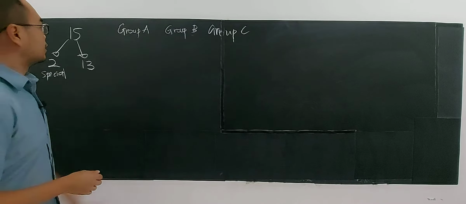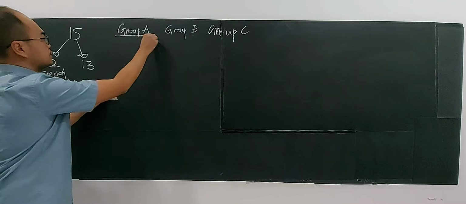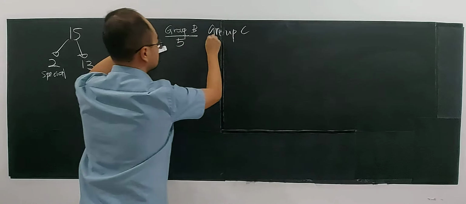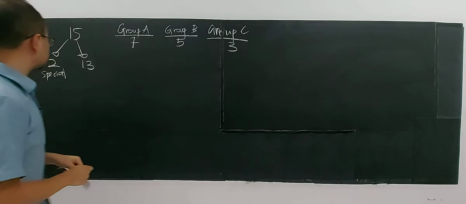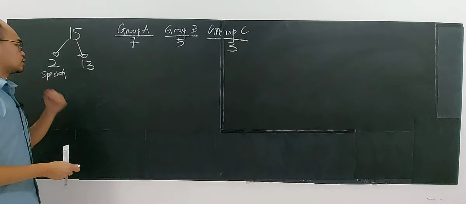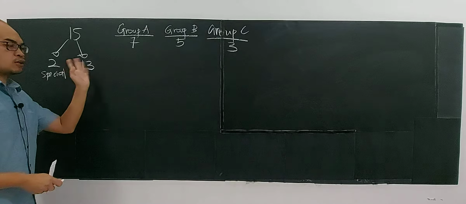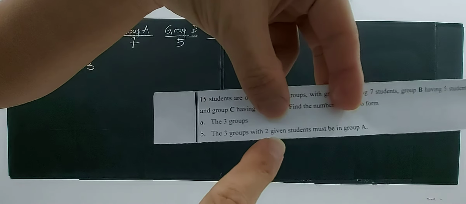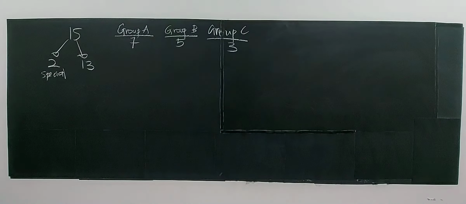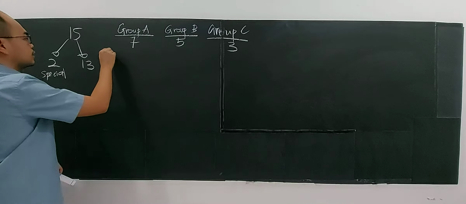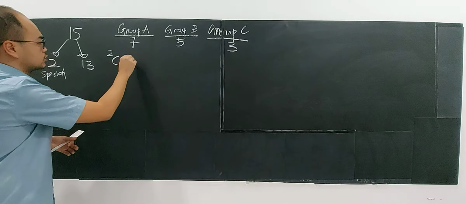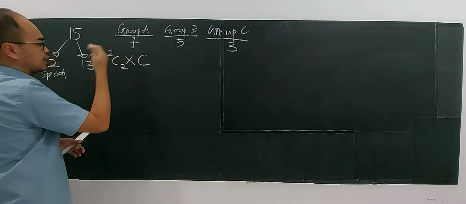So group A needs 7 students, group B needs 5 students, and group C needs 3 students. And these 2 students are special, with the other 13 not special. The 3 groups with 2 given students means 2C2, they must be in that group.